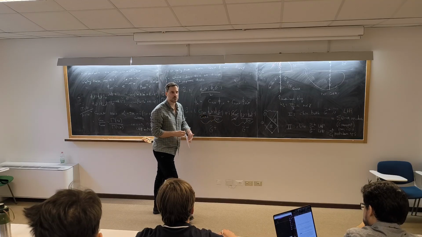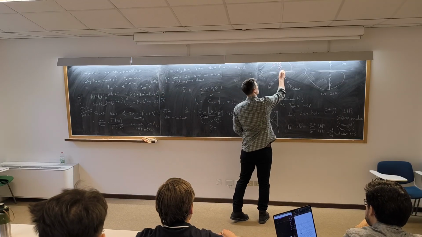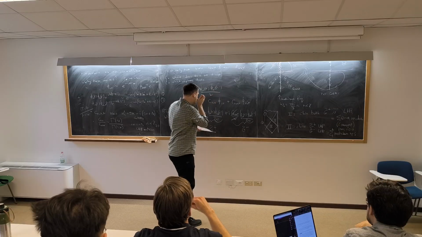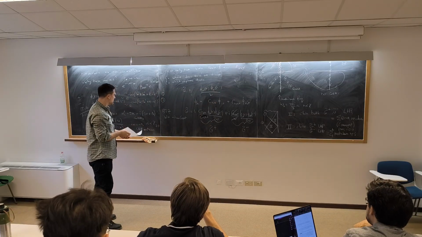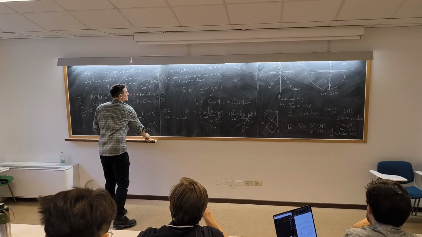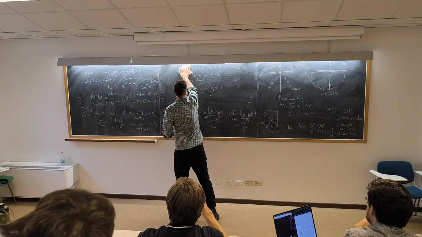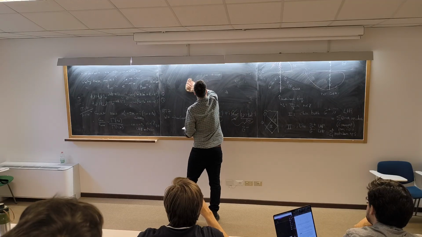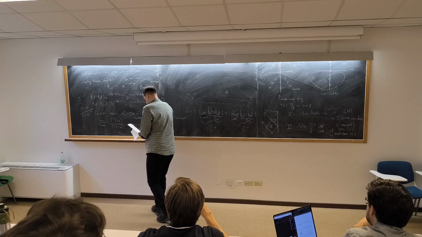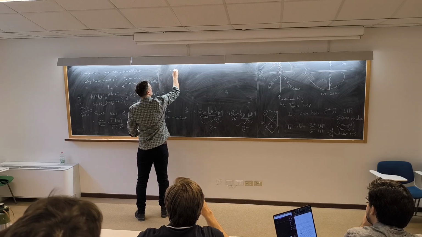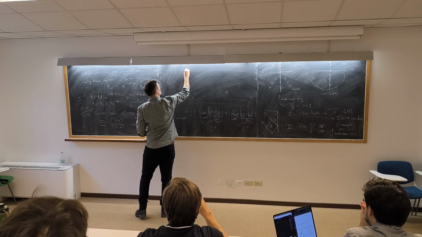This gives you the 0. This is the Matsubara 0. The 1 over omega gives you the Matsubara 0.